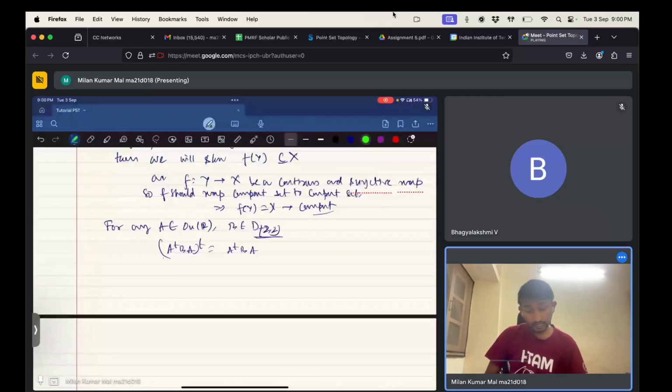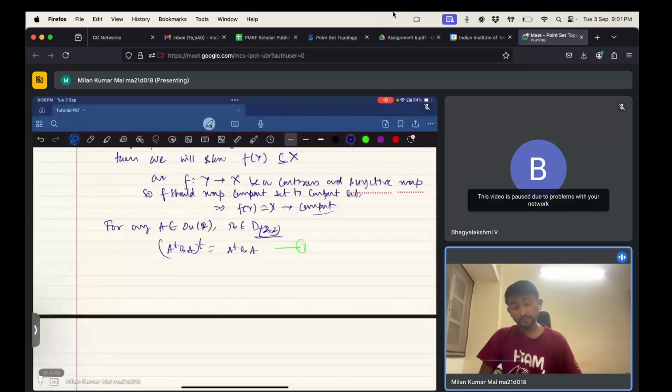And the second thing I have to show is that the eigenvalues are in minus 2 to 2.